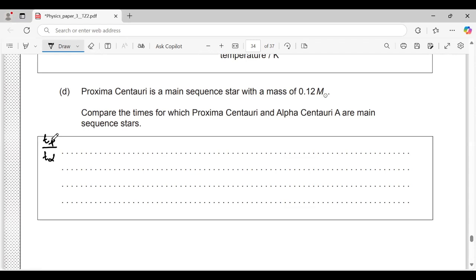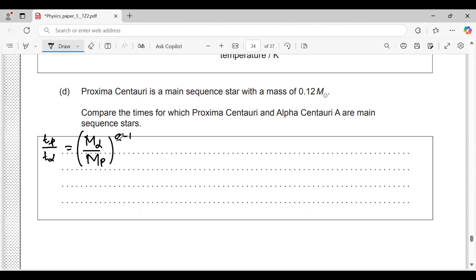This is T_P for Proxima Centauri and this is for Alpha Centauri A. It equals M_alpha over M_P, to the power a minus 1.